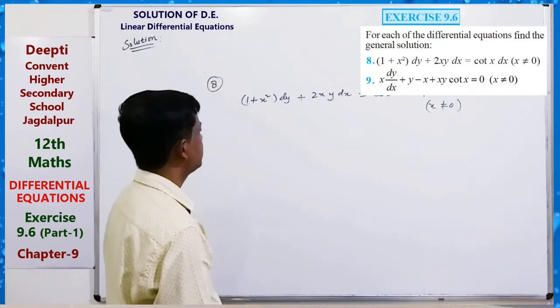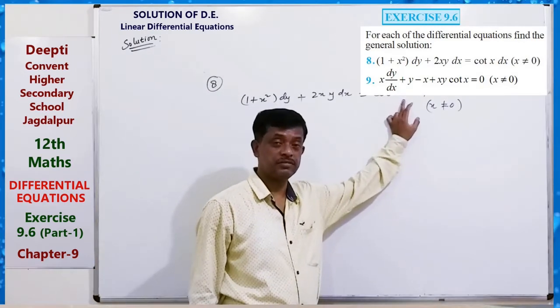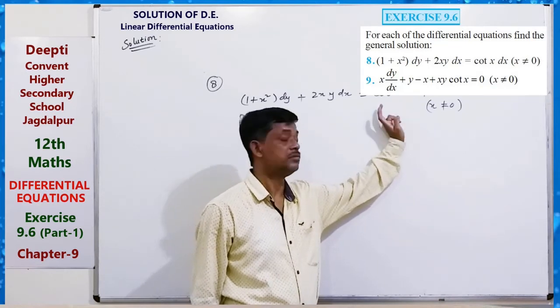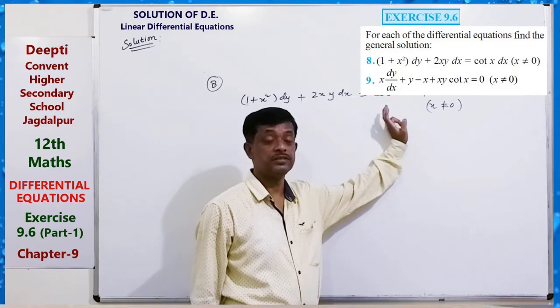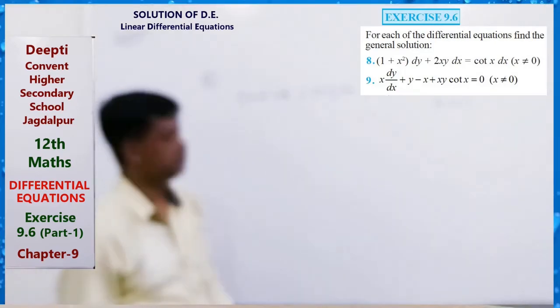Here x not equal to 0 means what? Cot of 0 will be infinite, since tan 0 is 0. So x is not equal to 0.